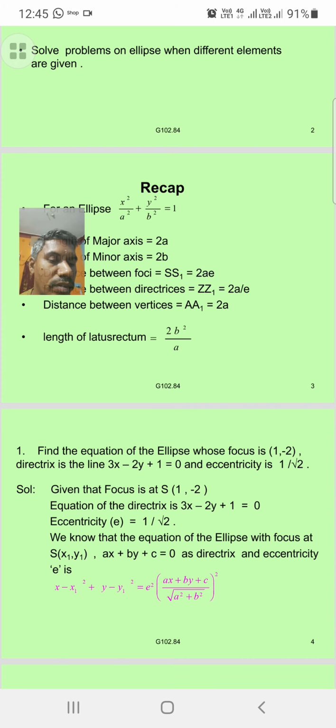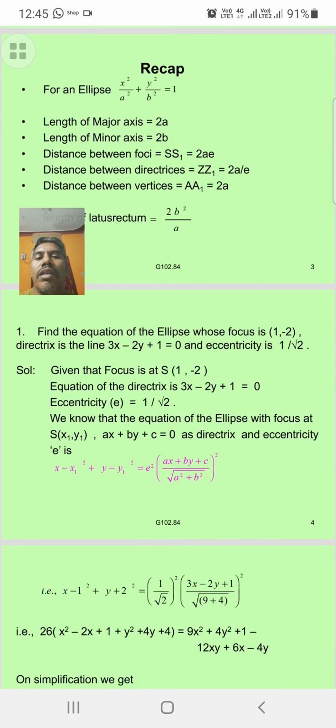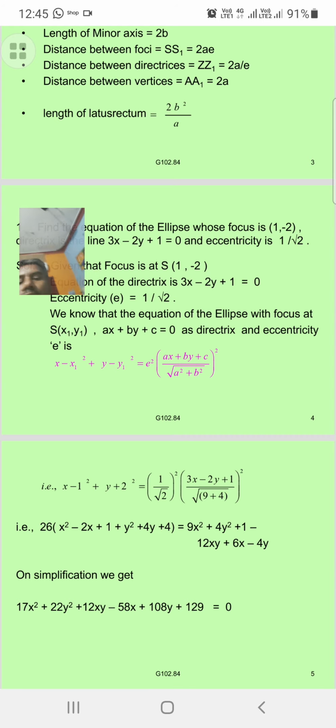If the equation is given, we can find the eccentricity easily, because we compare it with the standard equation, get the a and b values, and substitute in the eccentricity formula.